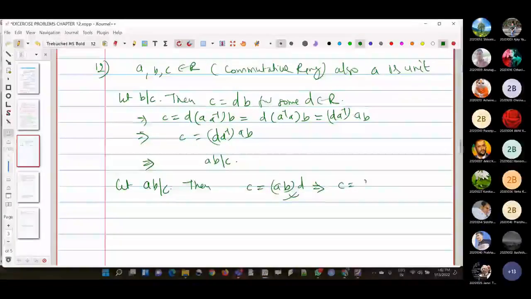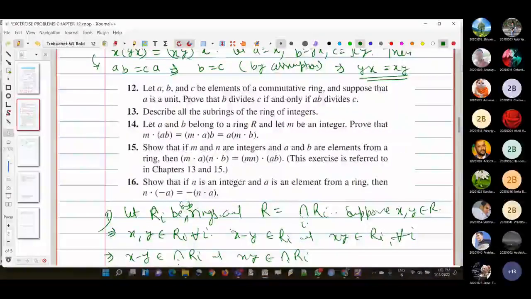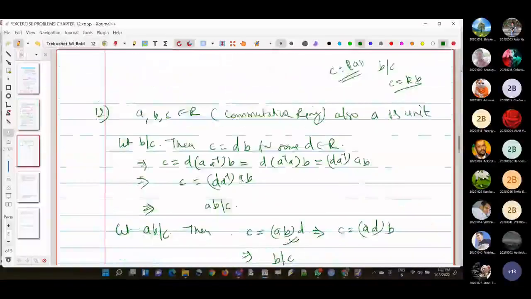So we have AD times B, and this implies that B divides C. Okay, so this proves the 12th result. But in question number 13, they are saying describe all subrings of the ring of integers.